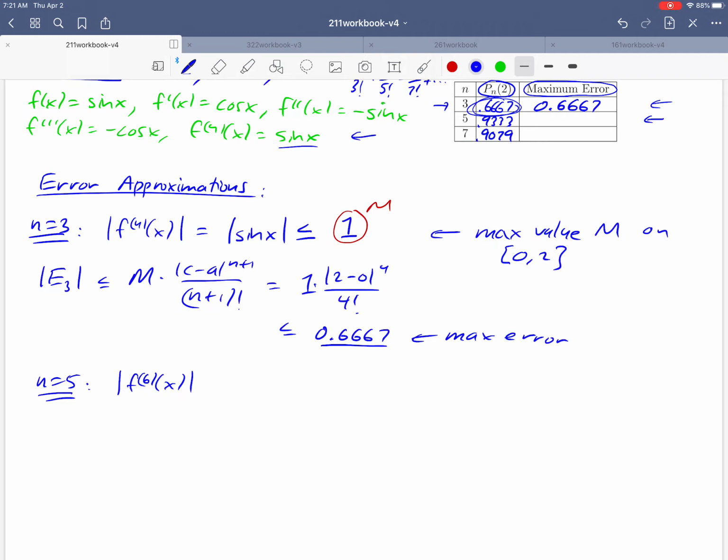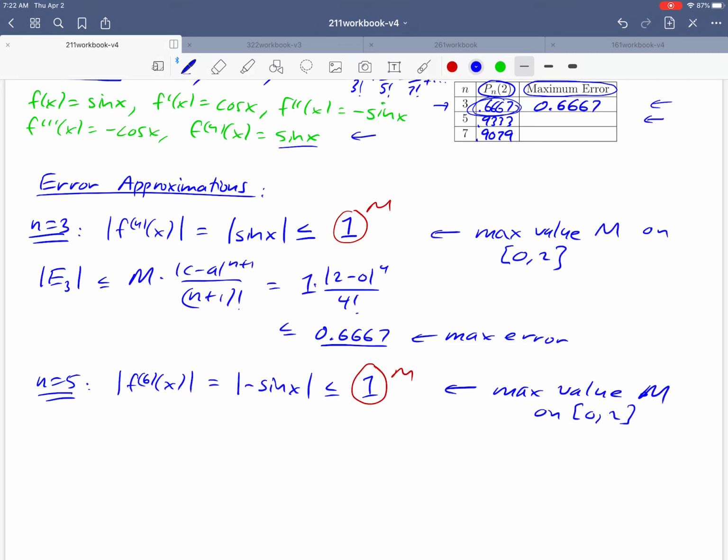And if you continue these calculations up here, the sixth derivative is going to get us to negative sine of x. I'll let you confirm that. And then we're going to ask the same question, what is the biggest value that that could have? Well, the absolute value of negative sine of x, that's just the absolute value of sine of x, so our maximum value is still 1.